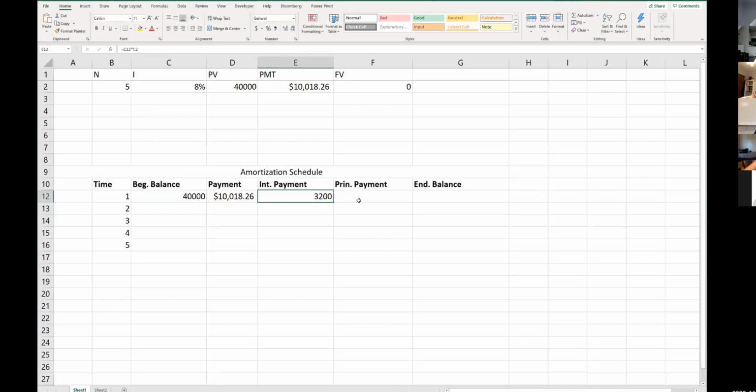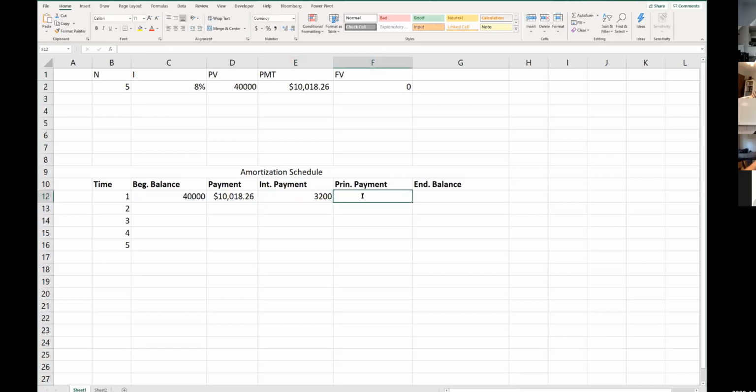So you paid 10,018, and 3,200 of that went towards interest. Then how much went towards the principal? Right, 3,200 went towards interest. Very good, Kimberly. How did you find that? Excellent. So if 3,200 of this 10,018 went towards interest, that means the remaining must have gone towards your principal payment, right?